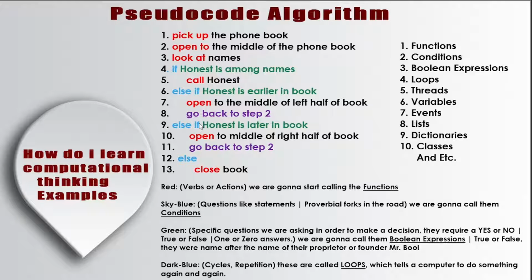Else, if Honest is earlier in the book, open to the middle of the left half of the book, and go back to step 2. Else, if Honest is later in the book, open to the middle of the right half of the book. Go back to step 2. Else, close the book.